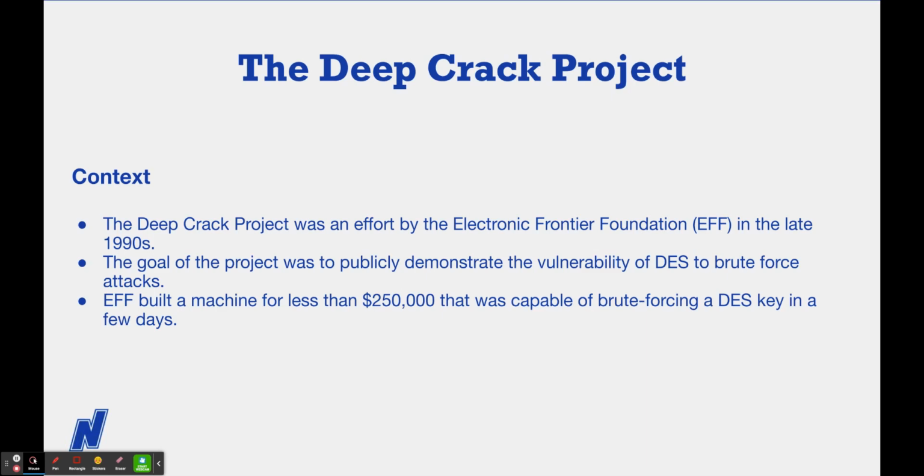This event demonstrated that DES was no longer secure against well-resourced attackers and played a significant role in the move towards more secure encryption like AES, which we still use today. This is a very clear case of how advancement in technology can compromise the security of encryption algorithms.